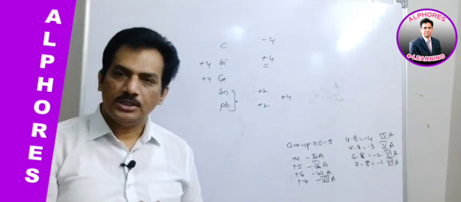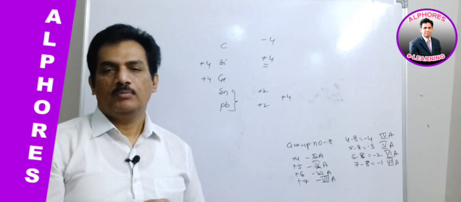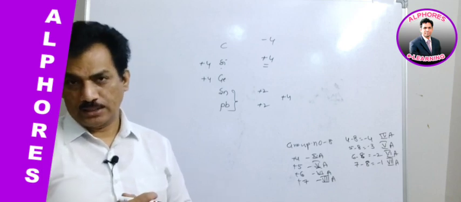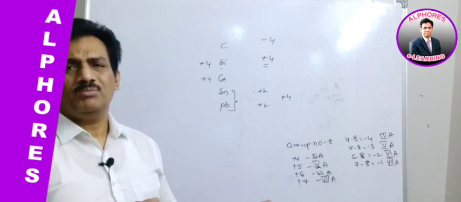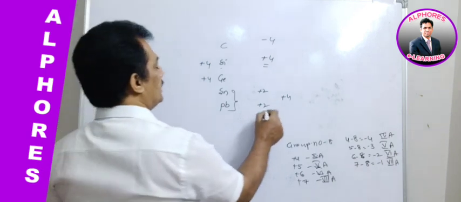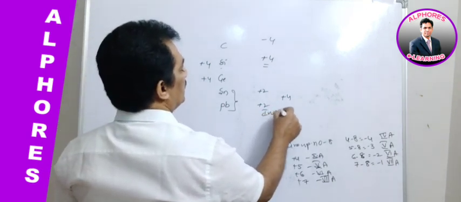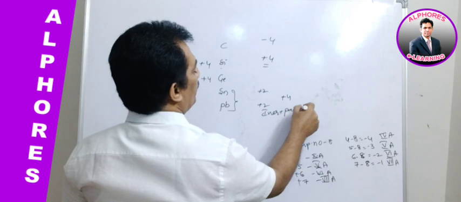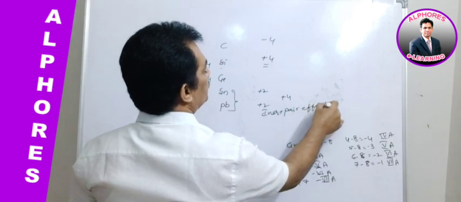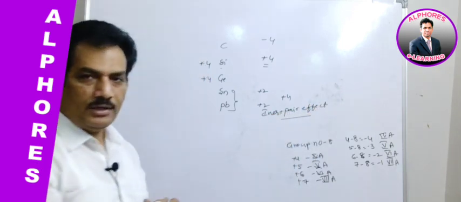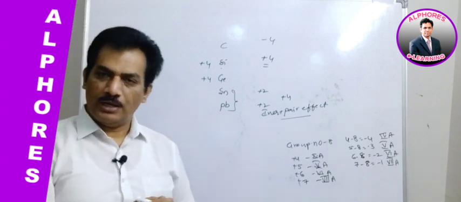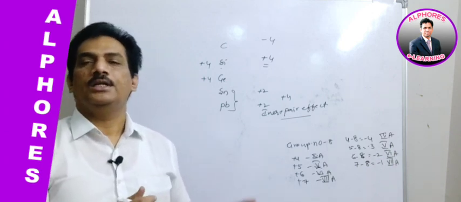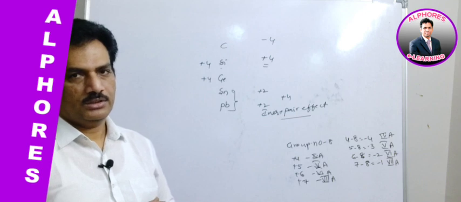That is, in addition to +4 oxidation state, they are able to exhibit +2 oxidation state. The reason behind, again the same, it is nothing but inert pair effect. Because of this inert pair effect, they are able to exhibit +2 oxidation state in addition to +4 oxidation state.